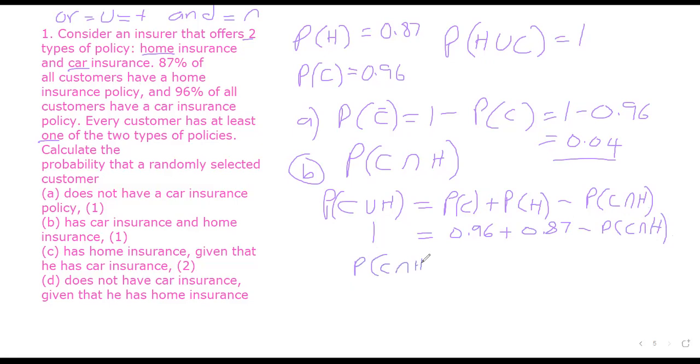Then on this side we're going to add these two and subtract 1. So 0.96 plus 0.87 minus 1. What are we getting? 0.83. Correct.